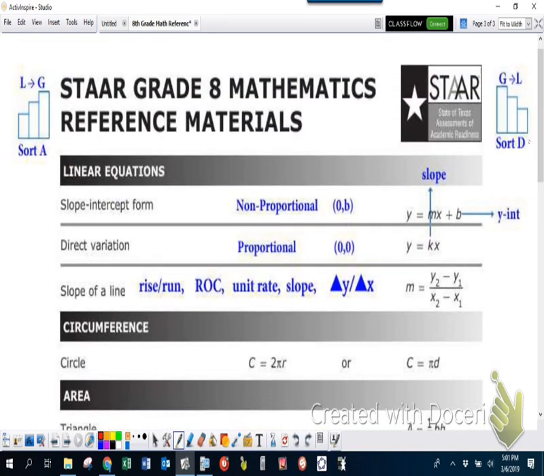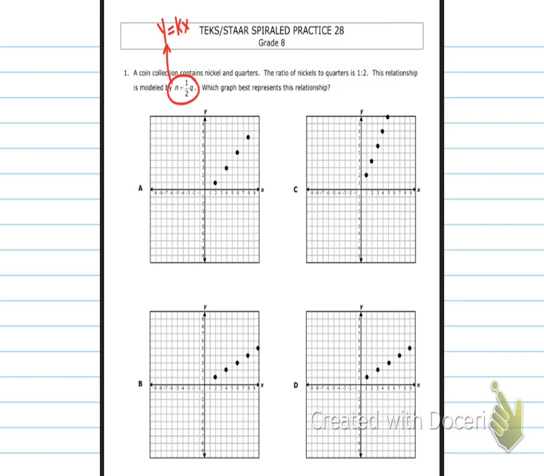All right, but what you should know is that when I talk about y equals kx, I'm talking about my proportional equation, which you should know crosses the origin. Now, when I attempt this problem, I want to make sure I keep in mind it's proportional, and proportional on the graph will cross the origin.